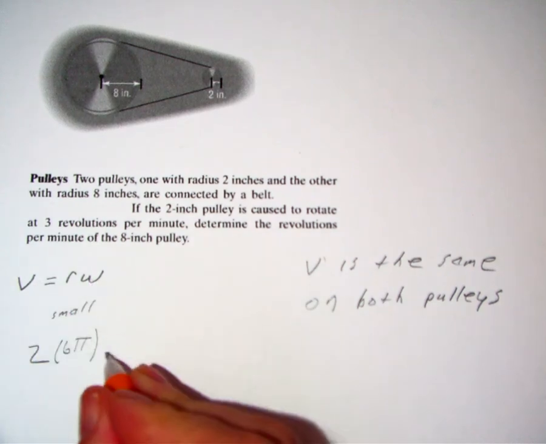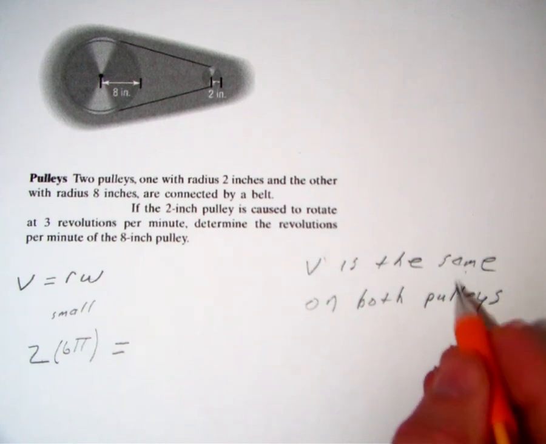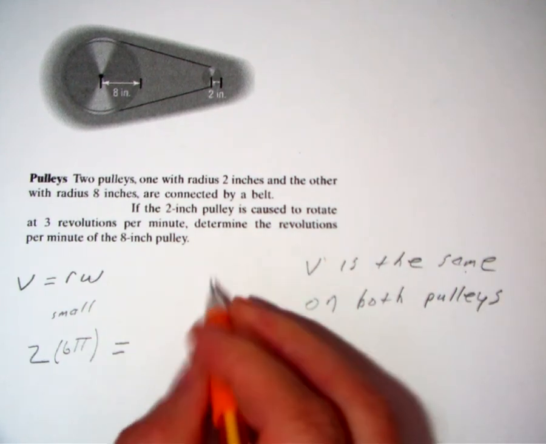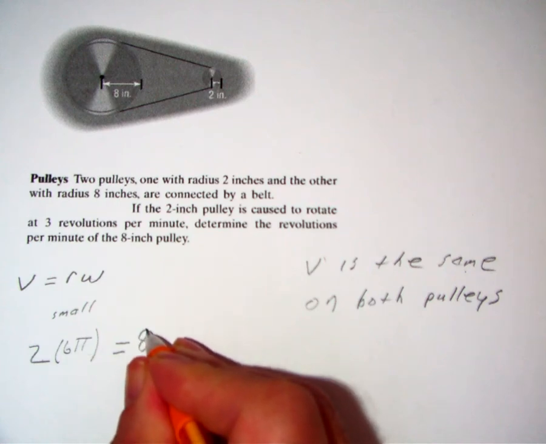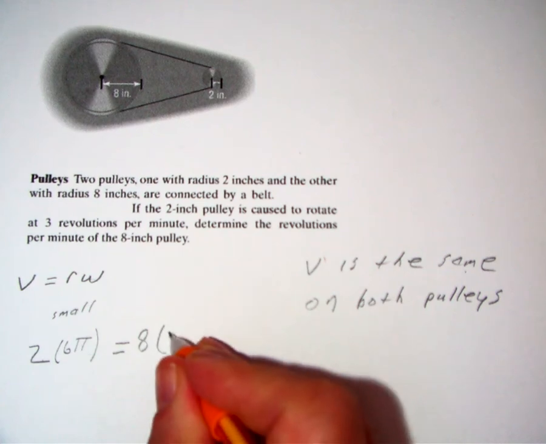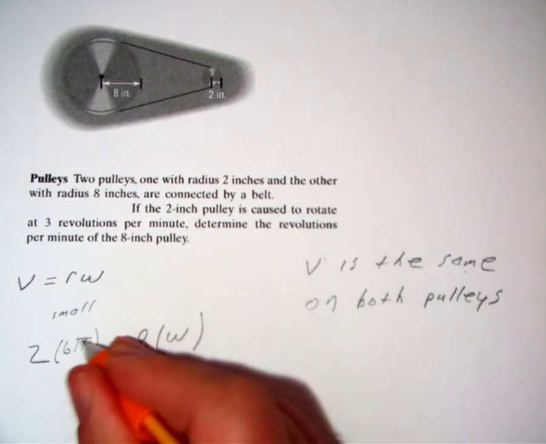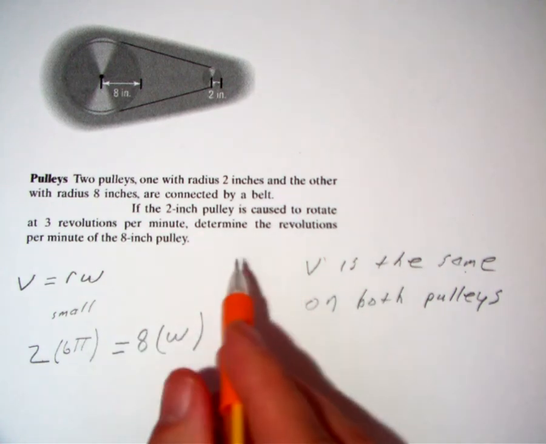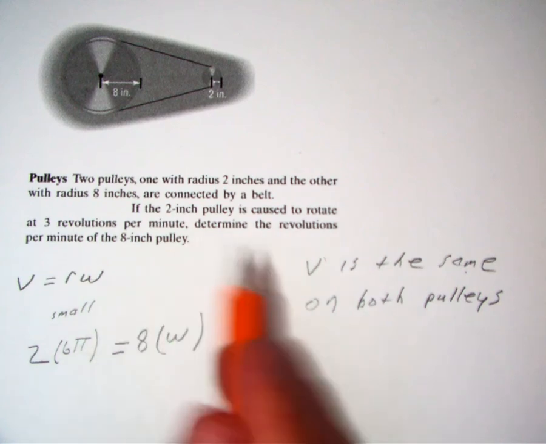Now, that's a statement of velocity, right? But since the velocities are the same, we have to set it equal to the unknown circumstance here, which is going to have an 8 right there, right? And then what's your unknown? It'll be omega for the big one, right? And you can just call it omega here since we've already resolved this over here. So determine the revolutions per minute of the 8-inch pulley.